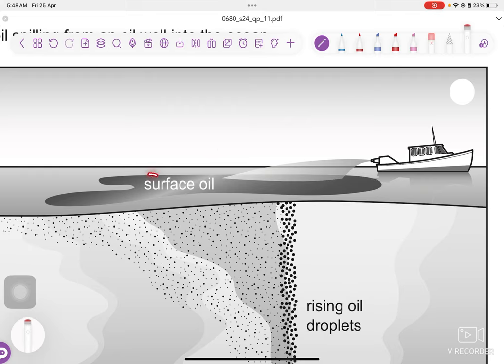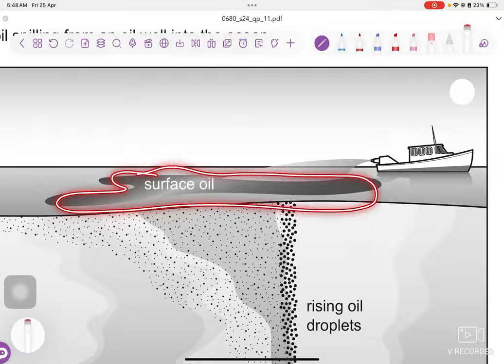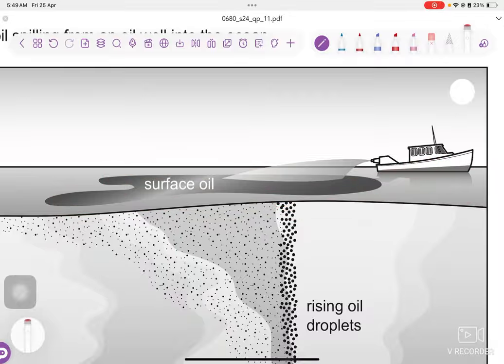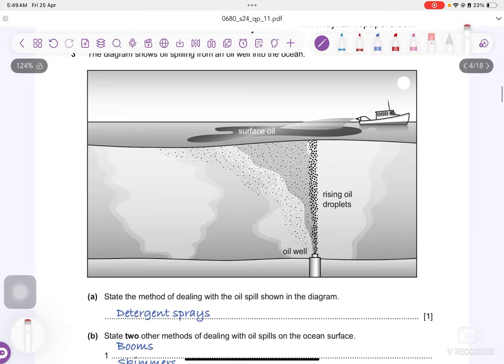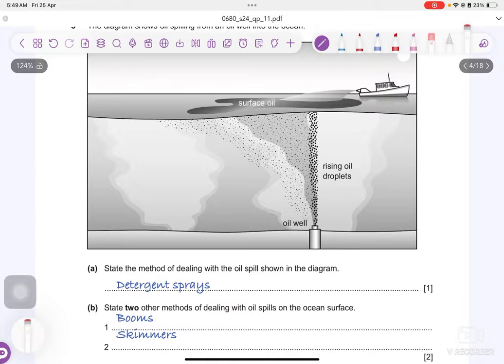And they're gonna break up these large oil spills. Anyways, this oil spill is gonna be broken down into small oil droplets, and that's gonna make it easy to be removed, okay?